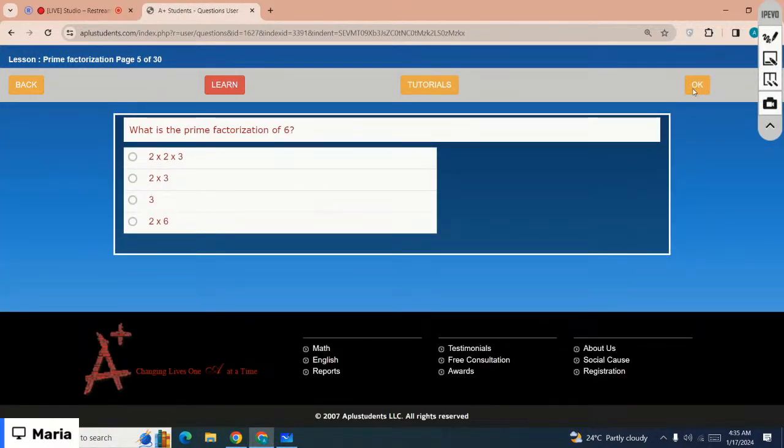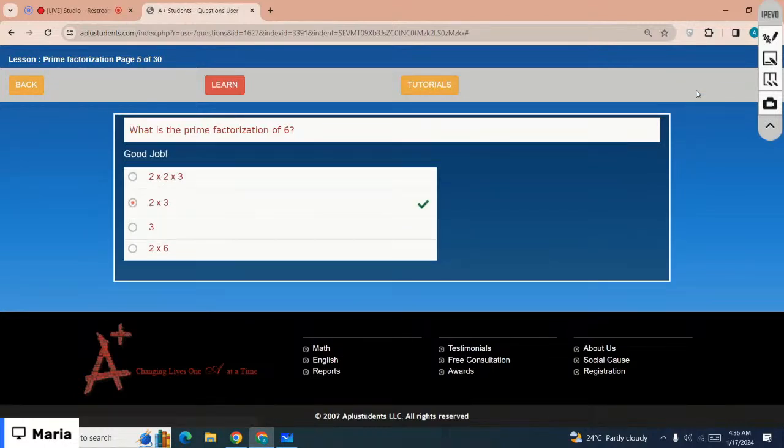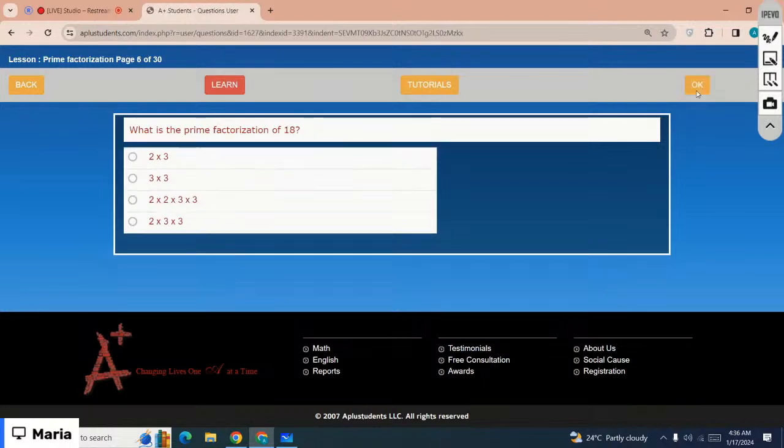What is the prime factorization of 6, which is the correct option? That is 2 times 3. What is the prime factorization of 18?